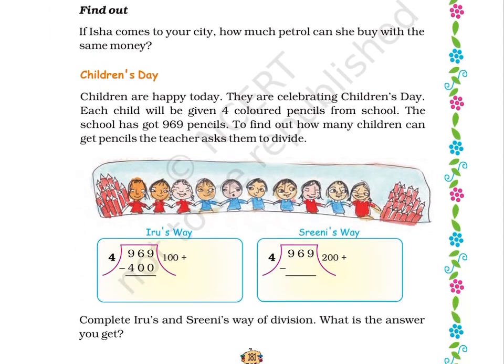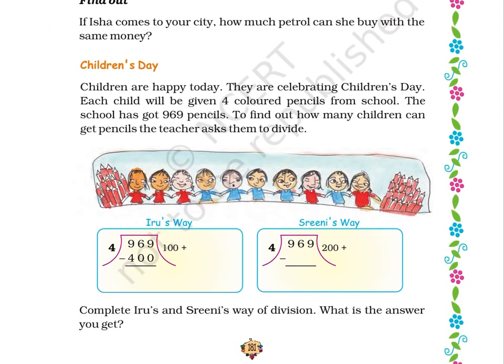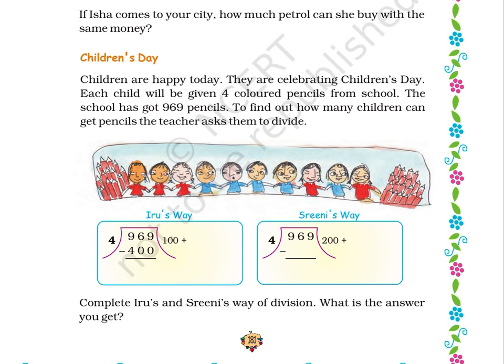Children's Day. Children are happy today. They are celebrating Children's Day. Each child will be given 4 colored pencils from school. The school has got 969 pencils. To find out how many children can get pencils, the teacher asks them to divide.